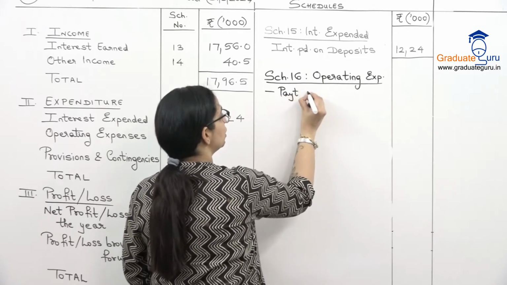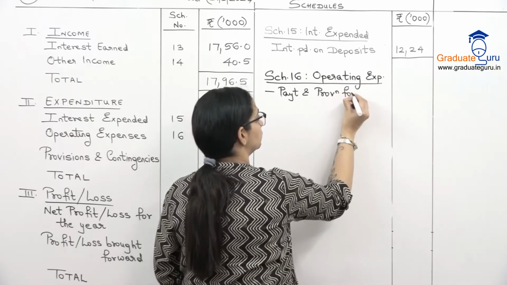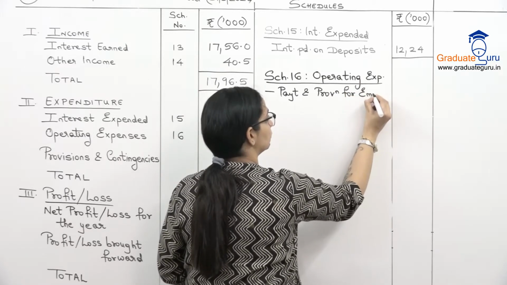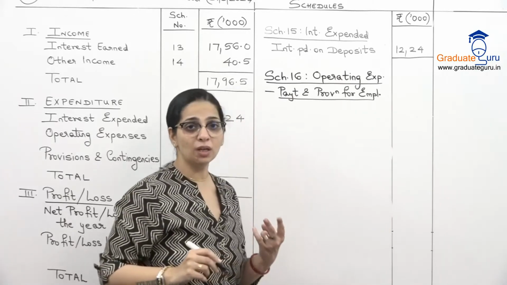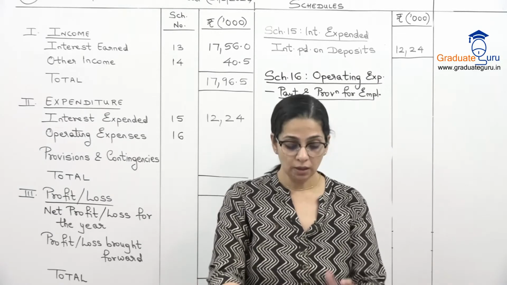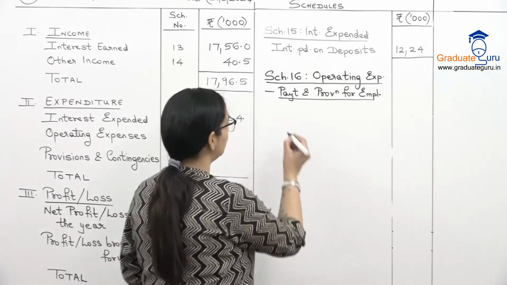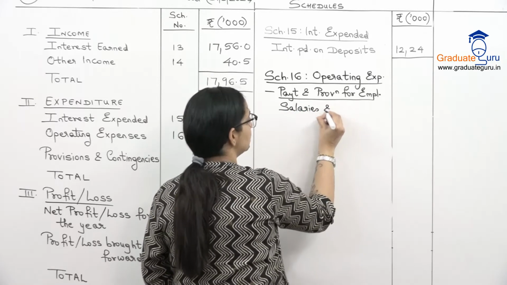So the first one is payments and provisions for employees. So here, as I said, there are two things हमने हमारे trial balance में देखा था. One is salaries and the other is contribution to PF. So salaries and allowances.